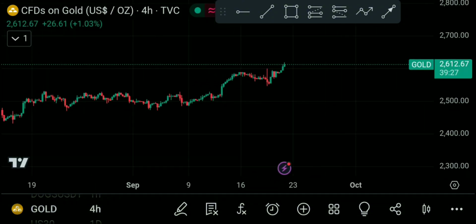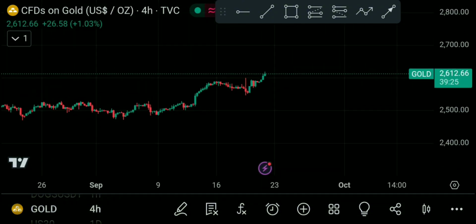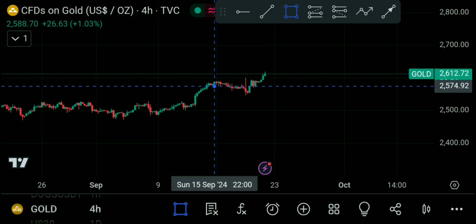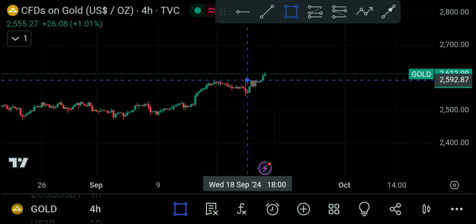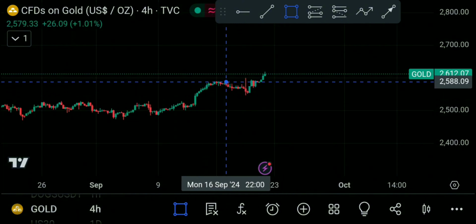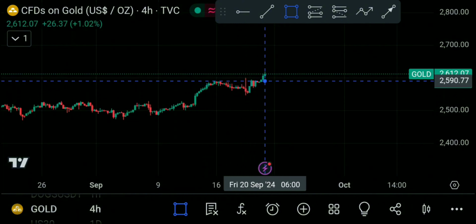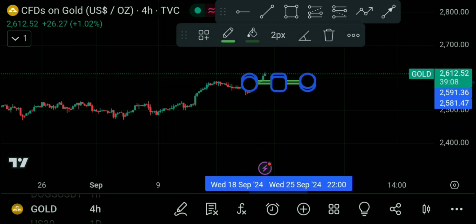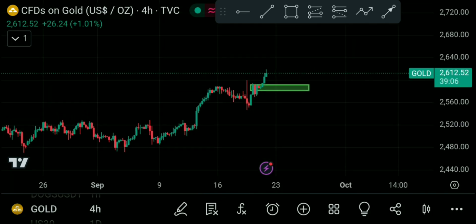All right, so our nearest support is around this area, because the market has been testing that area several times. If you observe here and here, we can draw our support here. So now we move on to lower time frames to wait for the market to come back to this area. That's where we can get our entry.